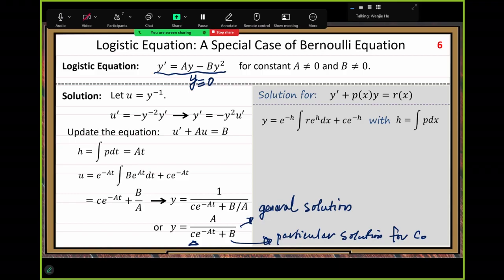So y equals 0 can never be one of the particular solutions. Because it's so special, it's not a special case of the general solution, so we call it a singular solution.